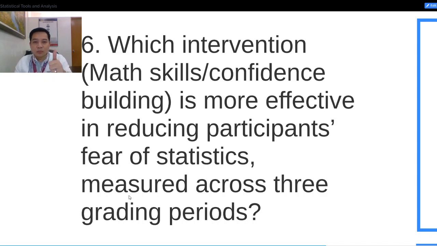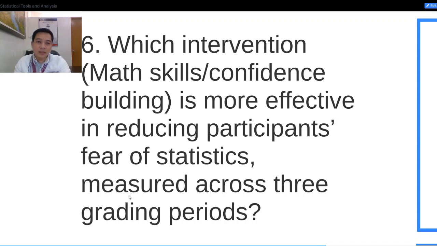Next, how many groups do you see? If you look at it, seemingly there are no several groups, but if you analyze further, you'll see that there's a math skills category and a confidence building category among the participants.